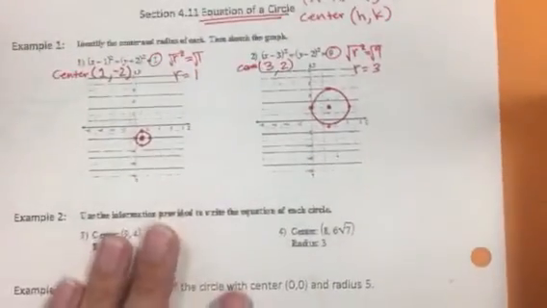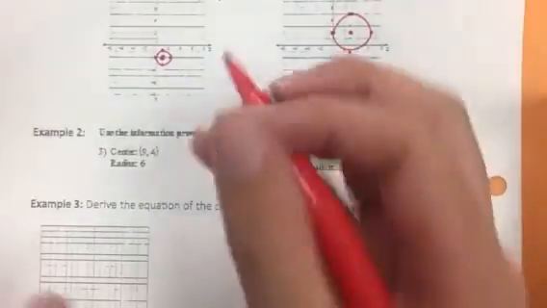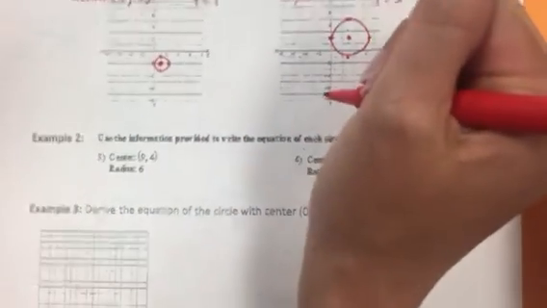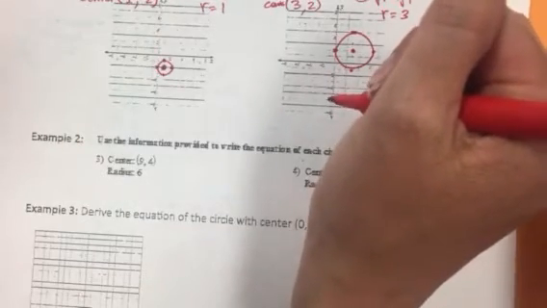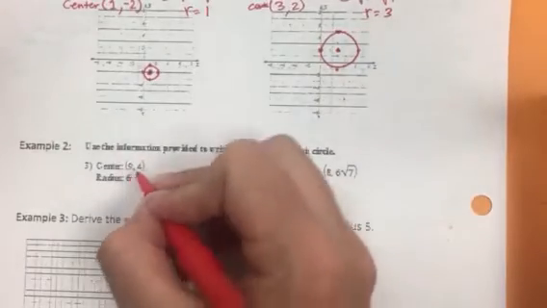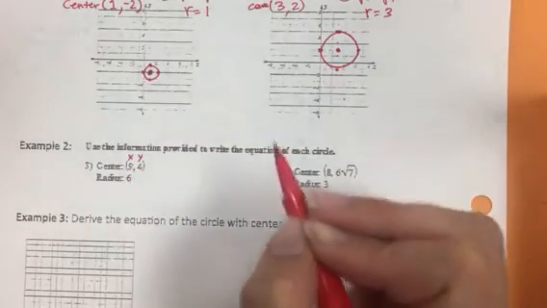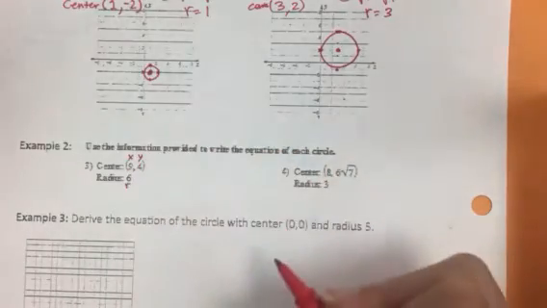Alright, in example 2, we just have to write it into an equation. So I'm just going to show you the way I like to do this. We'll hope that this makes it easier. This is my x, and this goes in with my y. This is my r.